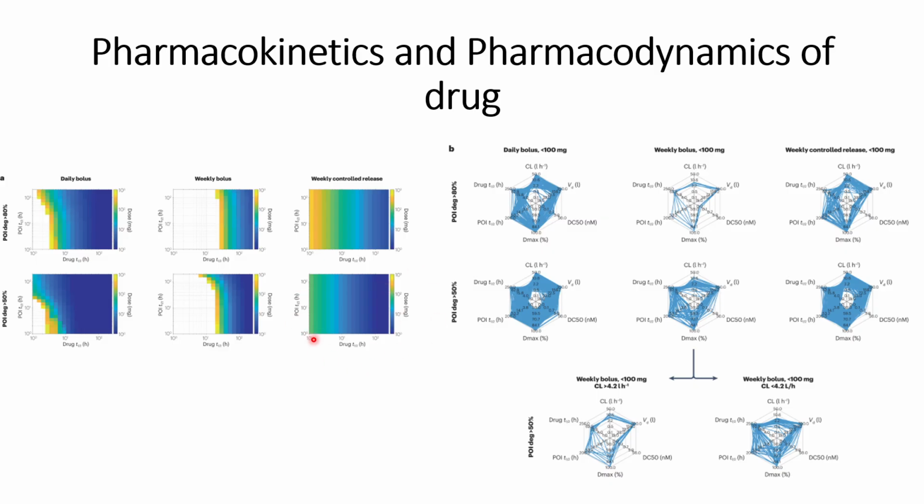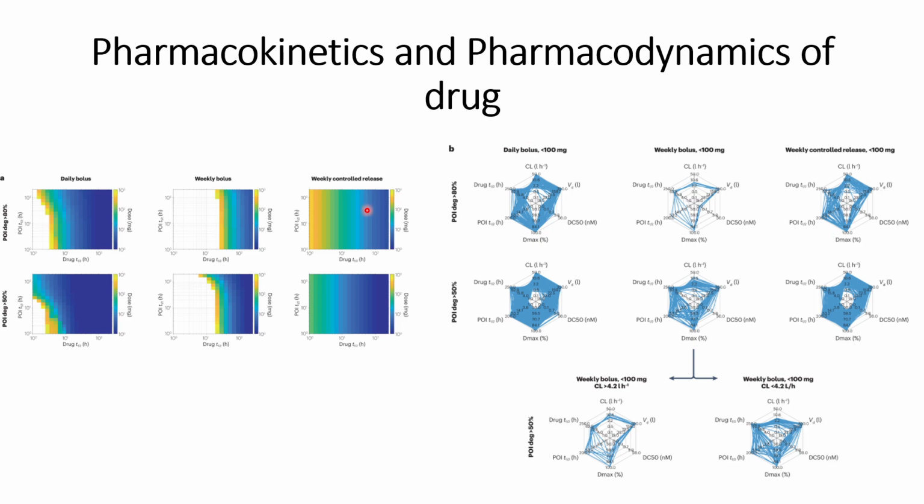In this case, we can see that the amount of drug required is increased. Another reason could be that we can use a less efficient drug in that case, because here our target is 50% degradation of the protein of interest, whereas in the top row our target is 80%. So this is how a heat map of drugs looks for pharmacokinetics and pharmacodynamics.